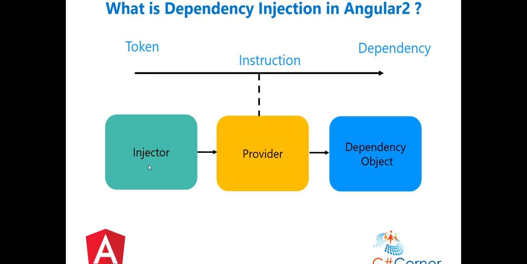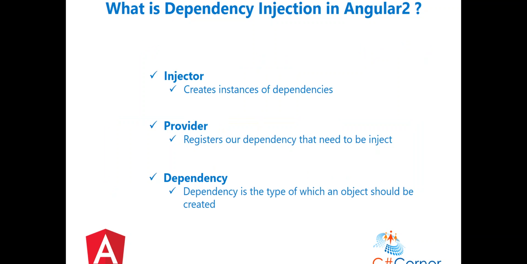Let me give you a detailed example, then you will probably have a clear idea. What I already told you is listed over here. The provider is the one who registers our dependency that needs to be injected.